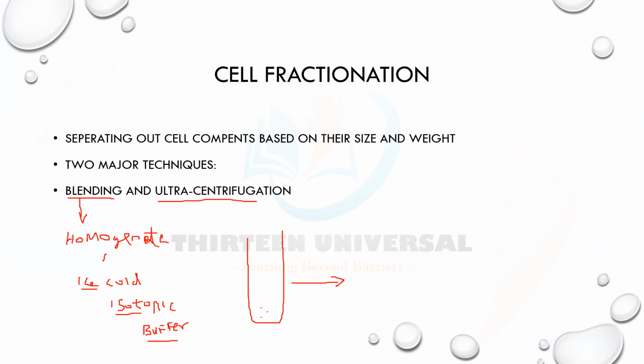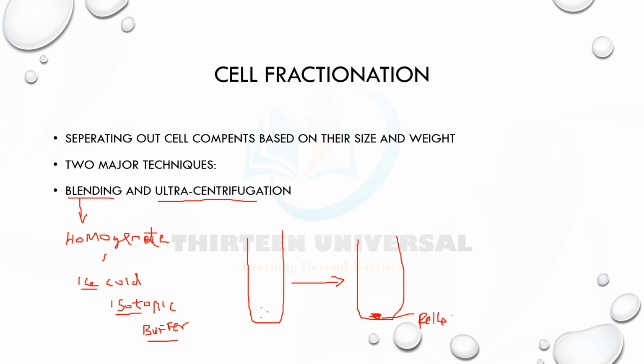After spinning at low speed to get the heaviest organelle, you're going to have a thick sediment here. This is the heaviest organelle settling. We call it the pellet. The pellet settles at the base of the tube. That first pellet is the heaviest structure.